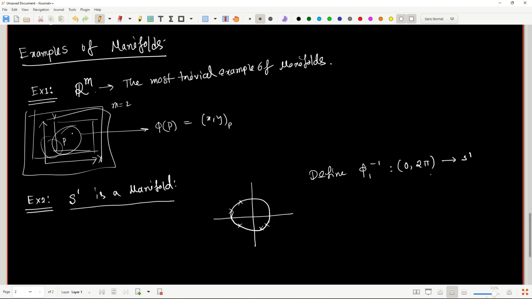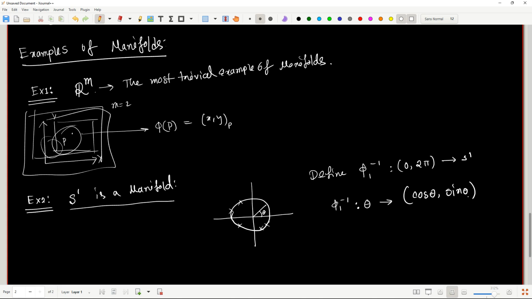If I do that, then what is happening? You can easily see that to cover the circle, this phi inverse 1 will need to take some theta parameter, and for the circle this is just the angle, such that this is cosine theta and this is sine theta.